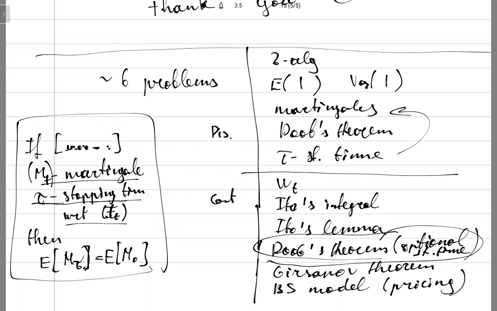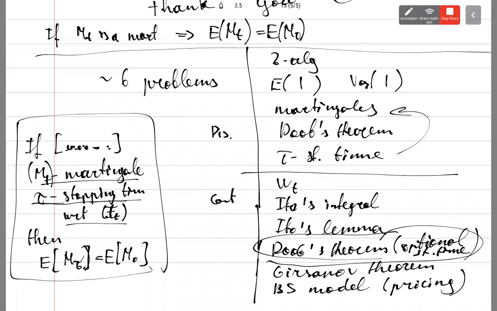Yes, but the point is, the necessary condition you mentioned is like this: if Mt is a martingale, then the expected value of Mt is the expected value of M0. And you may say that this is a very simple case of the optional stopping time theorem.